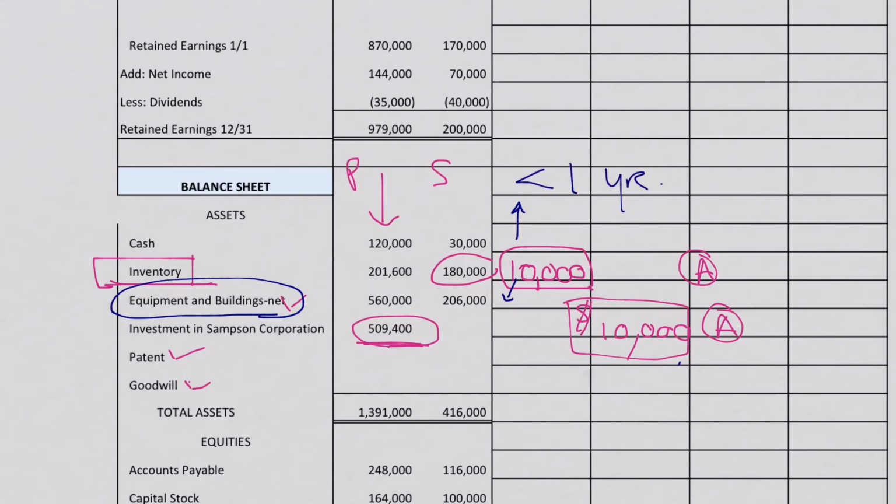So while equipment and buildings might have a life of 5 years, or the patent might have a life of 10 or 15 years, and get amortized and depreciated, inventory, which has a life of less than 1 year, we're going to, quote, amortize it in less than 1 year. And the less than 1 year is the year of purchase, the purchase of the subsidiary. So it's going to be done at the end of the first year of acquisition. It's not going to be carried over. It's not going to be depreciated in future years. It's just written off at the end of the first year.